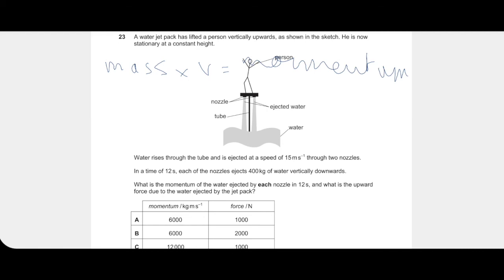So they say 400 kg times by 15. That's going to come to 6,000 kg meters per second. So therefore, I could eliminate D, E, F, G, H.